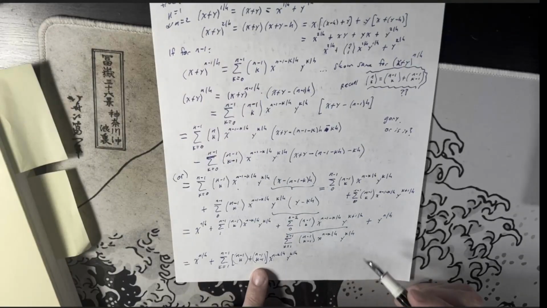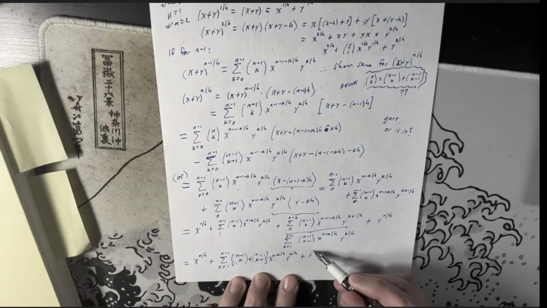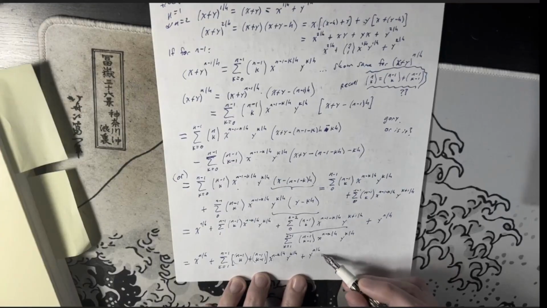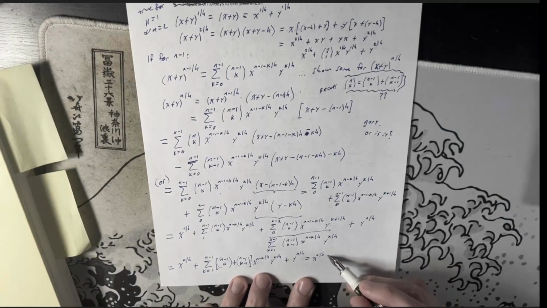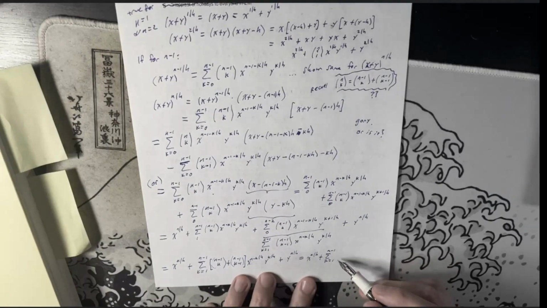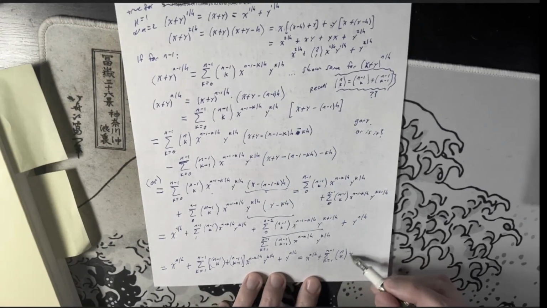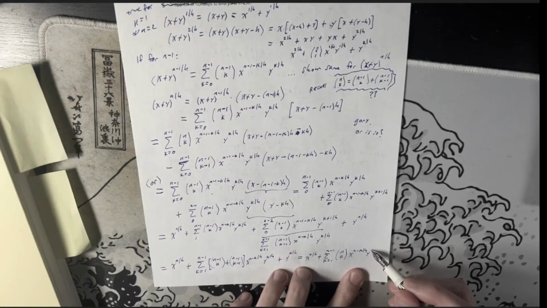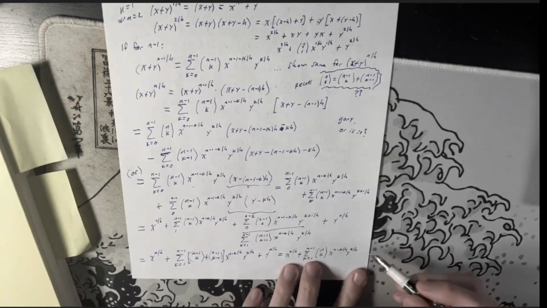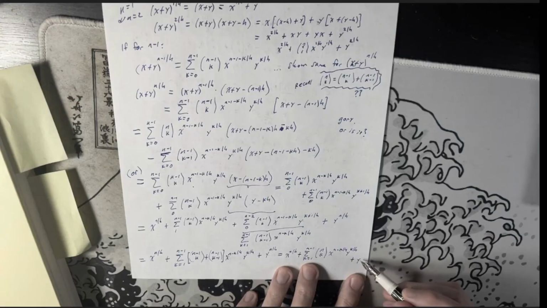That's just n choose k. So you're getting x to the n given h. You're getting the sum from 1 to n minus 1 of n choose k, and then you're getting n minus k given h, y to the k given h. And you have the last term here of y to the n h.